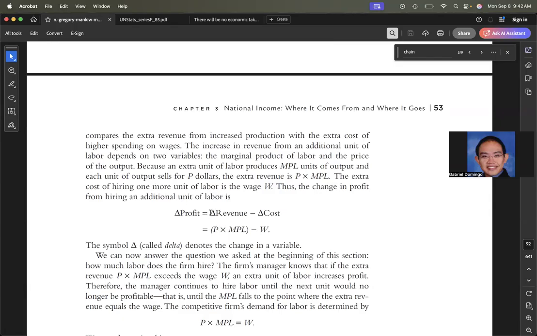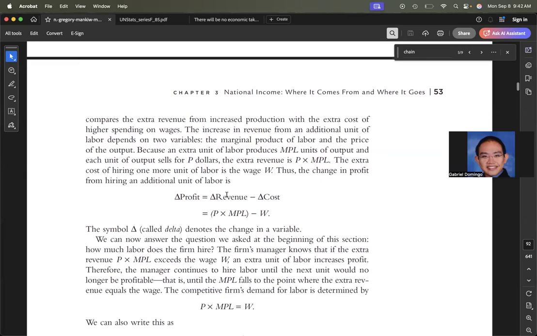So the change in revenue here depends on the price of output and the marginal product of labor. Because as you increase labor, your output goes up by this much and your revenue should go up by that much as well. Now, the extra revenue will be price times MPL. The reason why it's price times MPL is because the firm has no control over P, right?